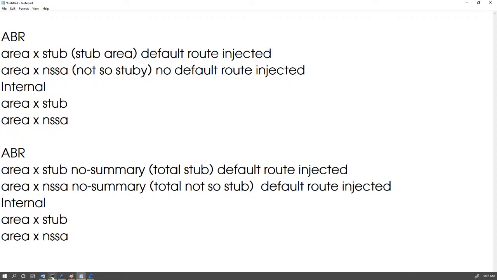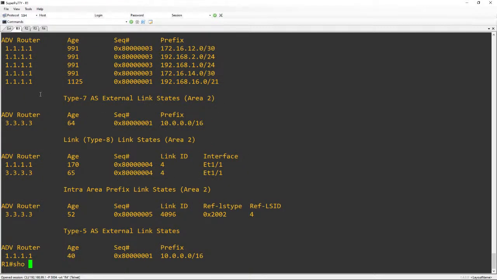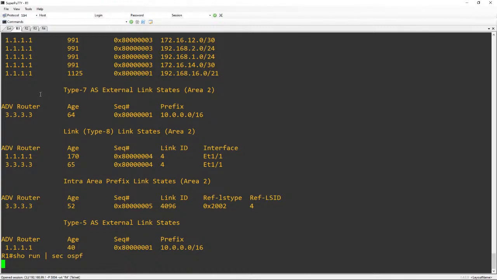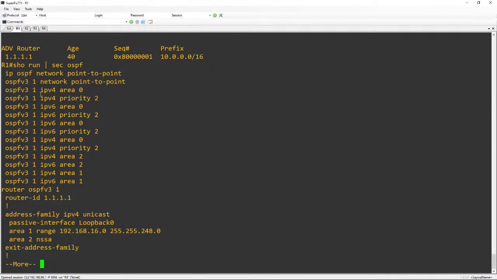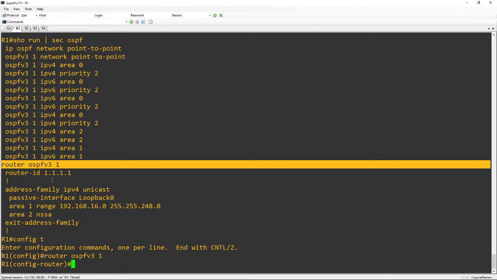Now you can override that behavior. We would pretty much want a default route because we would still want to be able to reach those other networks that are being suppressed. So what you have to do, show run section OSPF, is you have to tell the router that you want to send a default route in for the NSSA. So config t, and this is only this case, not so stubby.